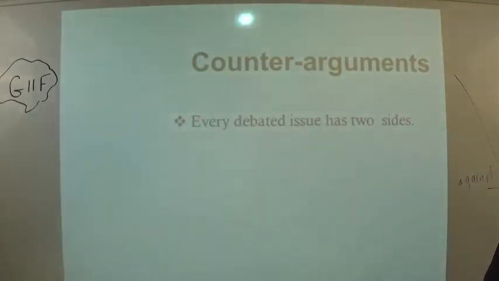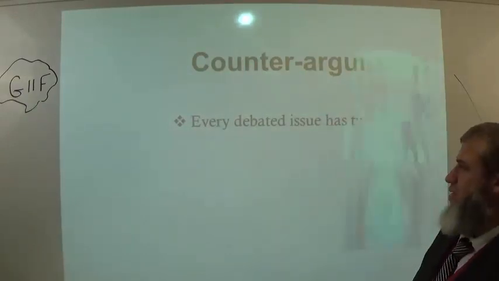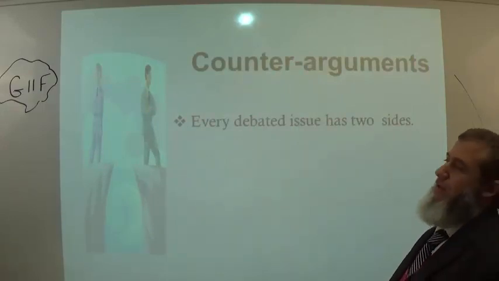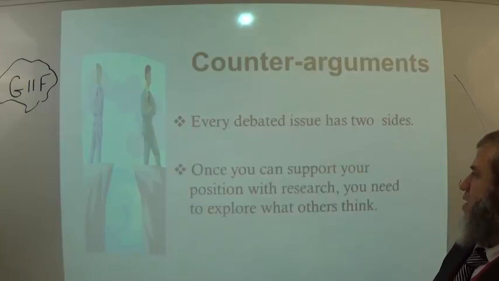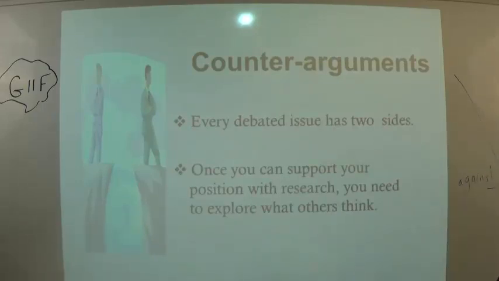First of all, every debated issue has two sides, as you know. As you have seen in these pictures, these two people back to back, they have different opinions. Once you can support your position with research, you need to explore what others think.